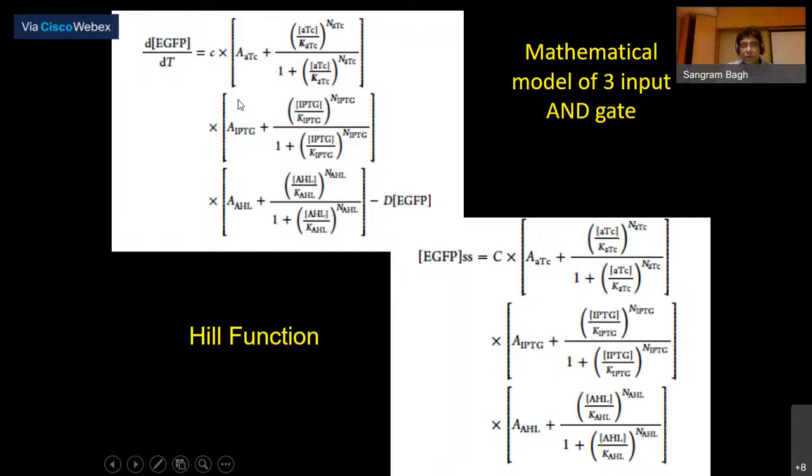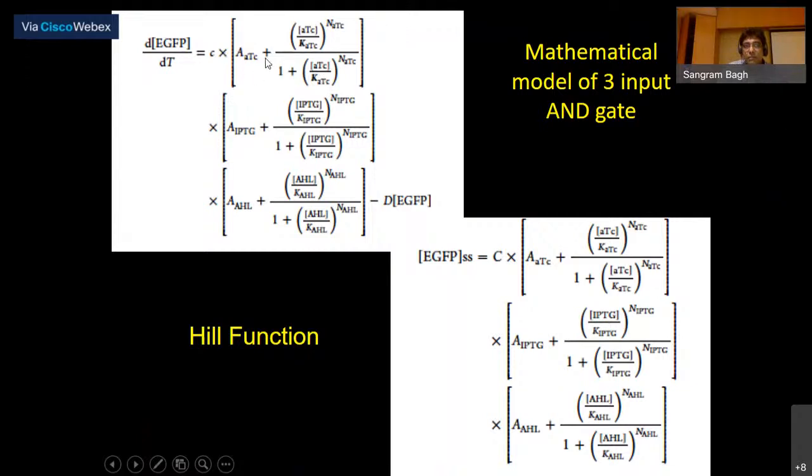So this is the Hill coefficient. Forget about this. Just think that if our system has something, EJP, producing in terms of the ATC, it looks like that. So what is this constant? This is called the Hill coefficient, as I said, and this capital K is called the Hill constant.